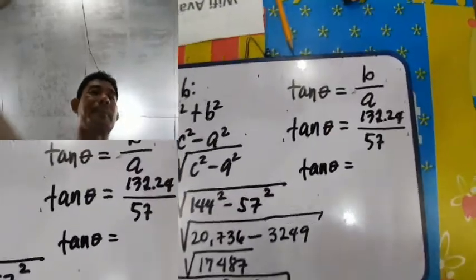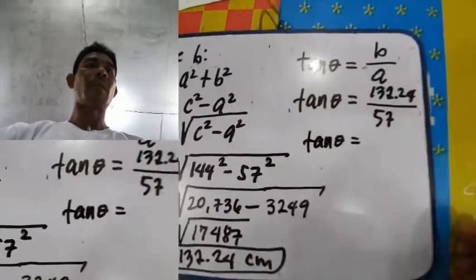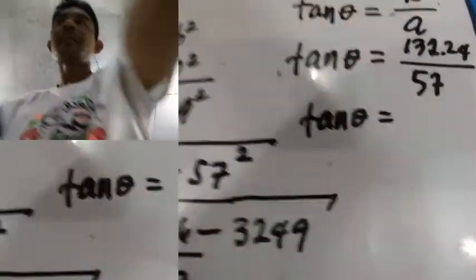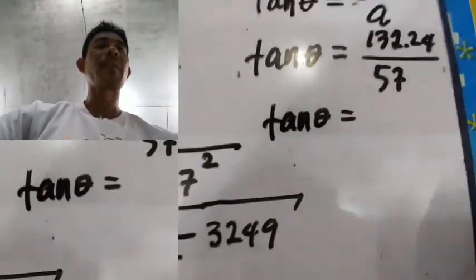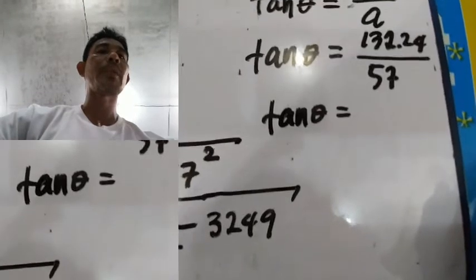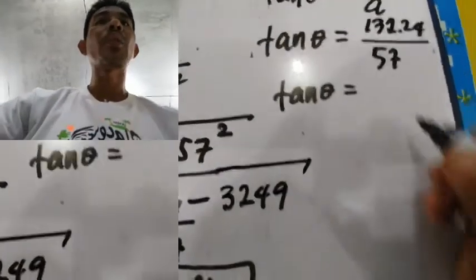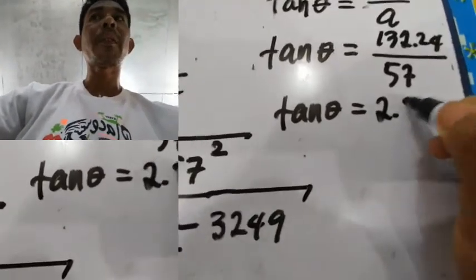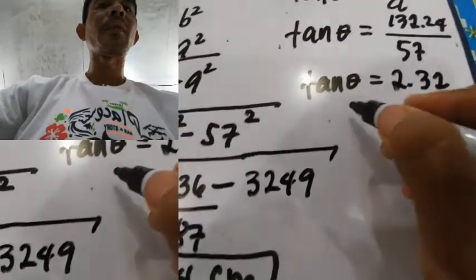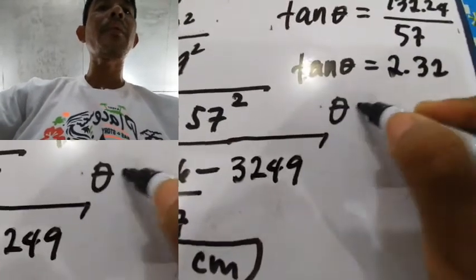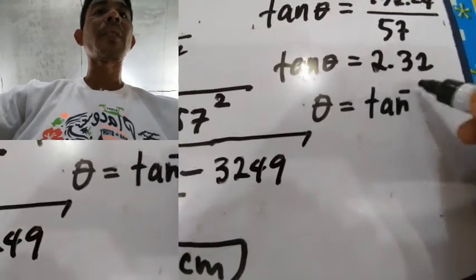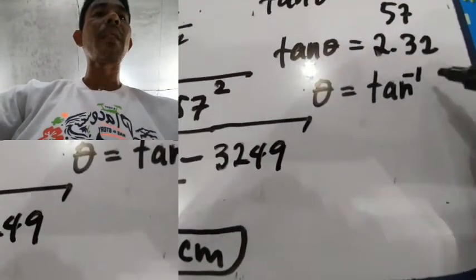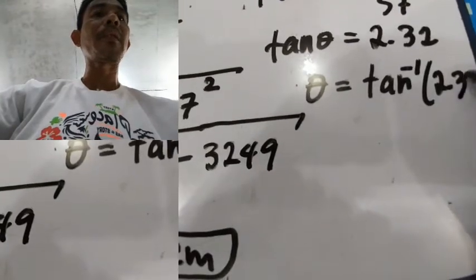So tangent theta, 132.24 divided by 57, is 2.32. To find theta, we're going to use the inverse tangent, tangent raised to negative 1 of 2.32.